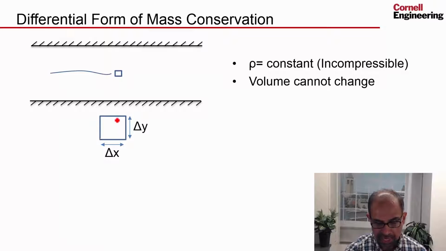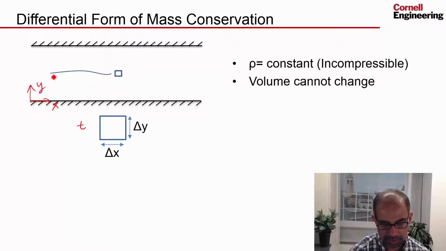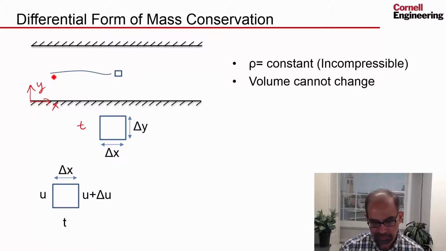And let's say at time t, the dimensions are delta x and delta y. So that's the x direction, and that's the y direction. And at time t, let's say that the velocity of the left edge is u, and the velocity of the right edge is slightly different.